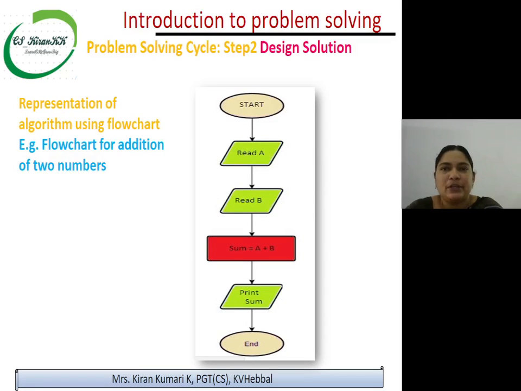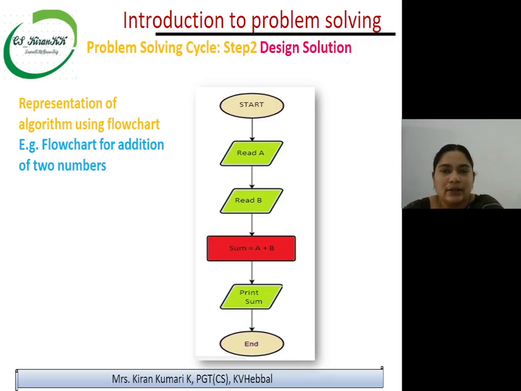For example, let me show you an algorithm for addition of two numbers. For addition of two numbers, what inputs do we need? What output do we need? Addition means sum is the output. First of all, we need to read two variables, A and B. As we are taking them as input, we use the parallelogram symbol. The starting is a terminator and the ending is also a terminator, so we use an elliptical shape.